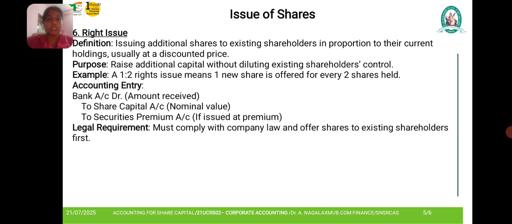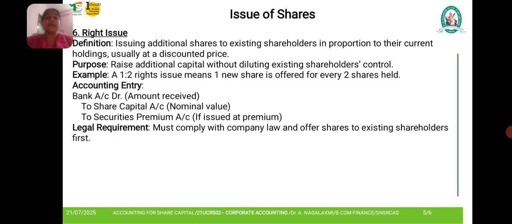What they will do is issue shares again to the existing shareholders of the same company, in proportion to their current holdings. For example, if I hold 1,000 shares, they may allot me 100 shares at a discounted price. So I can buy 100 more shares from the company at a discounted price. That is said to be a rights issue.